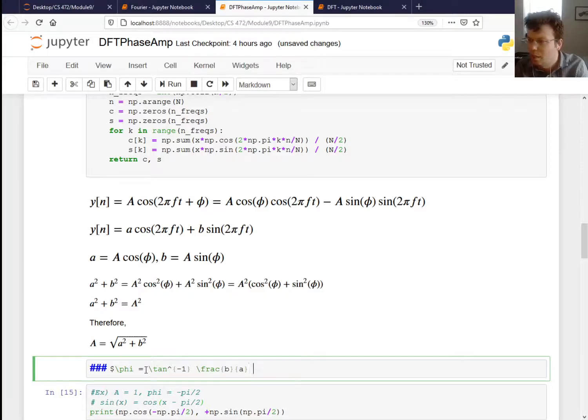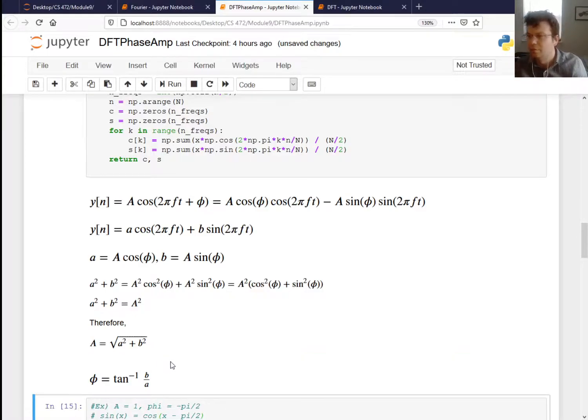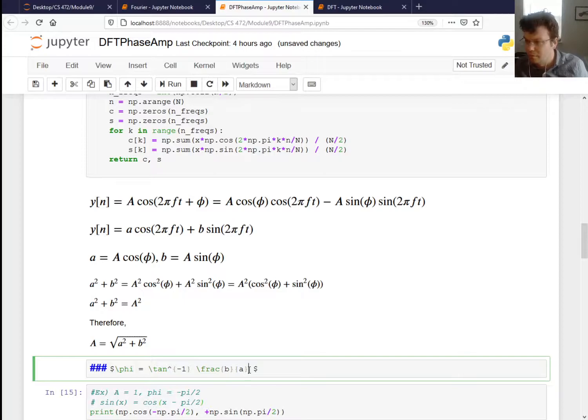So you remember that the tangent. Okay, so yeah, let me just verify this. If I check this, let me plug in b and a. So b is big A times sine of phi. A is big A times cosine of phi.